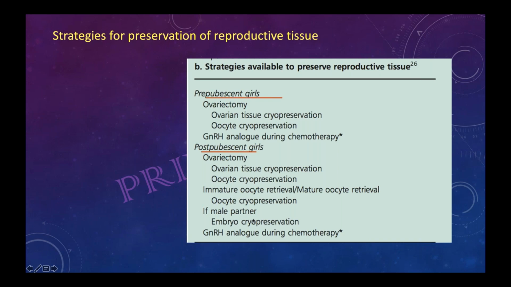So these are the few strategies to preserve reproductive tissue. And what are we using for cryopreservation? It is usually vitrification.